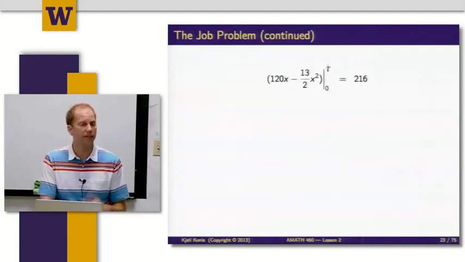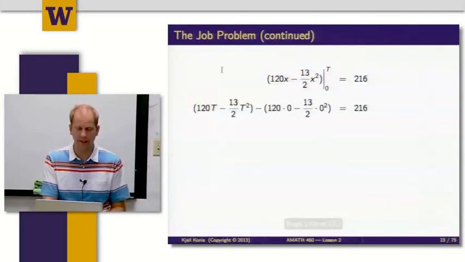And now even though the variable t is on this side, I treat it exactly the same way. So I'm just going to evaluate my antiderivative. I have my antiderivative here. I'll evaluate it at t, and then subtract it evaluated at 0. So I get 120t - (13/2)t squared.